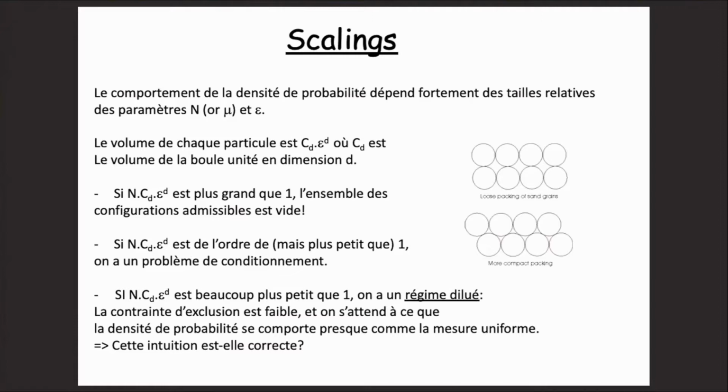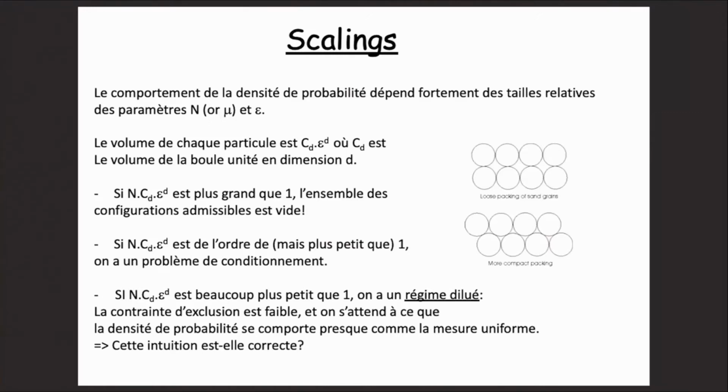Then you can say, maybe I will not take this size to be so large, but maybe still a bit large, and then you end up with something which is called a sphere packing problem. So what is the optimal configuration, or what is the optimal density that you can obtain by packing these spheres? In dimension 2, you can see that this one is not optimal, and this one is much better because there is less empty space. But this is not at all the kind of regime that I will look at.